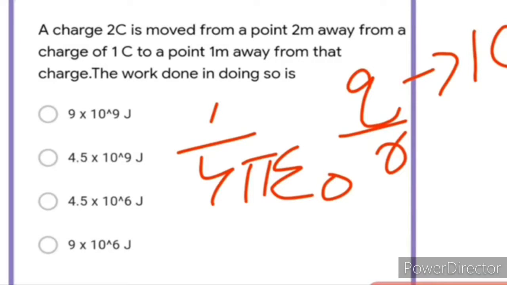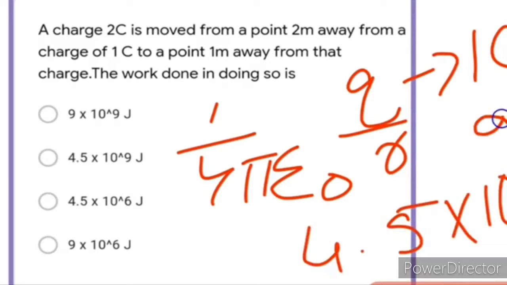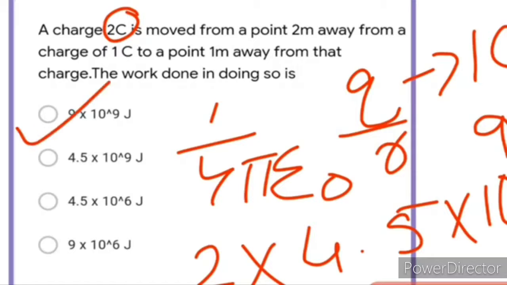So the potential difference is 9 minus 4.5, that is 4.5 into 10 raised to 9. Got it? Then what is the charge to be moved? Charge to be moved is 2 coulomb. So work done is charge into potential difference, that is 2 into 4.5 into 10 raised to 9. So our answer is 9 into 10 raised to 9 joules.